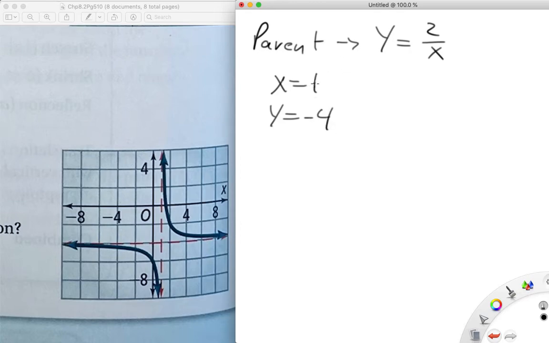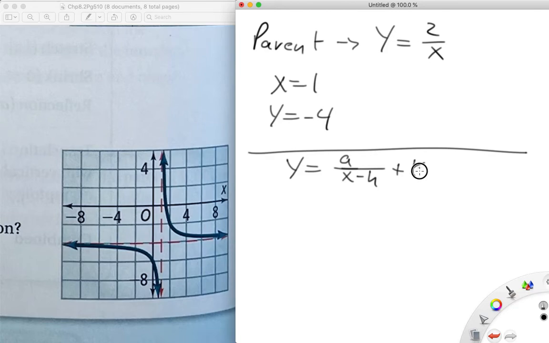So when I put this in, remember it's going to be in the form of y equals a over x minus h, plus k. So remember h is the vertical asymptote. So when x equals h, that's our asymptote. So this is going to be my h. This is going to be my k.